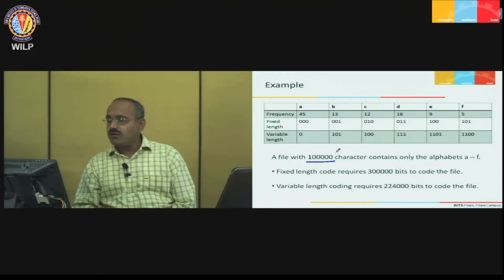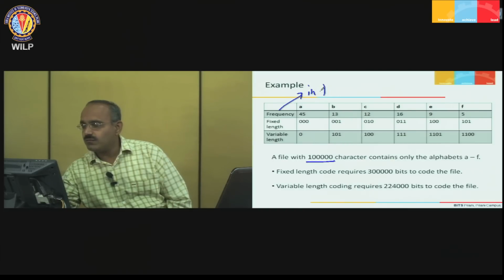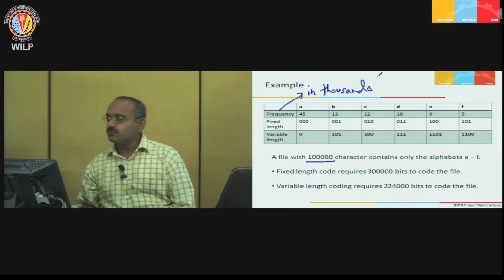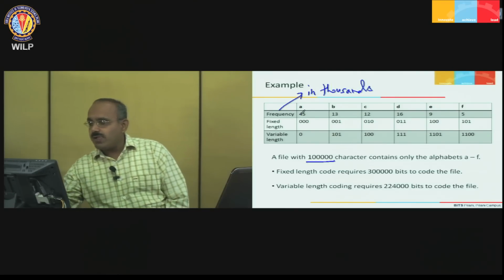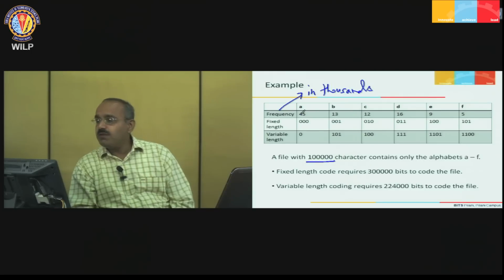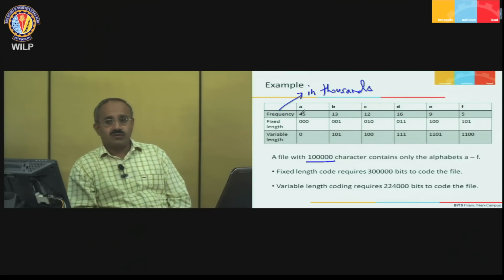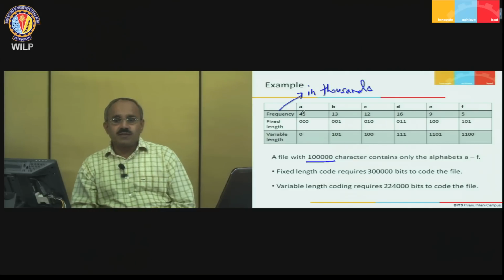So, we see that this frequency is in thousands. A is occurring 45,000 times, B is occurring 13,000 times and so forth, and F is occurring the least number of times in the data, which is 5,000 times.